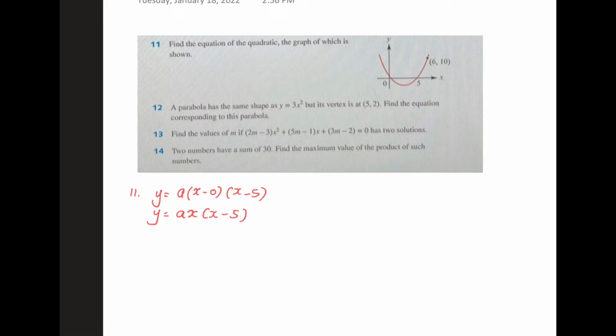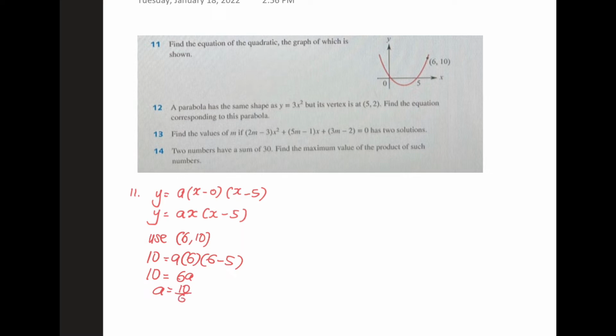We use 6, 10, and we substitute in this way. The 6 is the value of x, and 10 is the value of y. So we put 10 here, 6 here, 6 minus 5. Then we count it: 6a times 1 is still 6a.